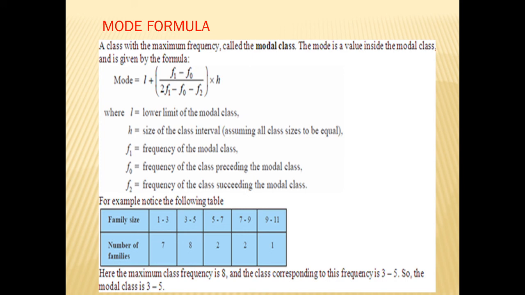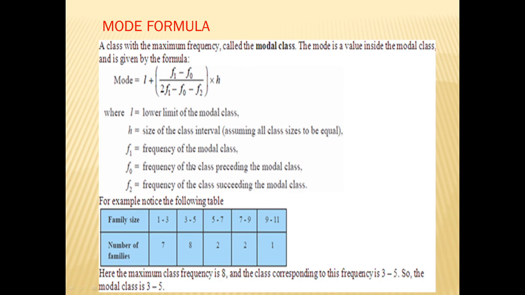So here I will explain the terms. L is the lower limit of the modal class, F1 is the frequency of the modal class, F0 is the frequency of the class preceding the modal class, and F2 is the frequency of the class succeeding the modal class. See, very easy.